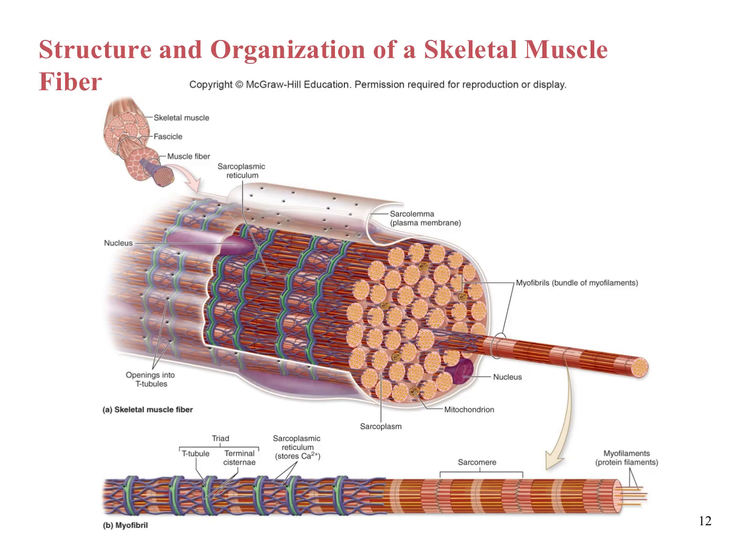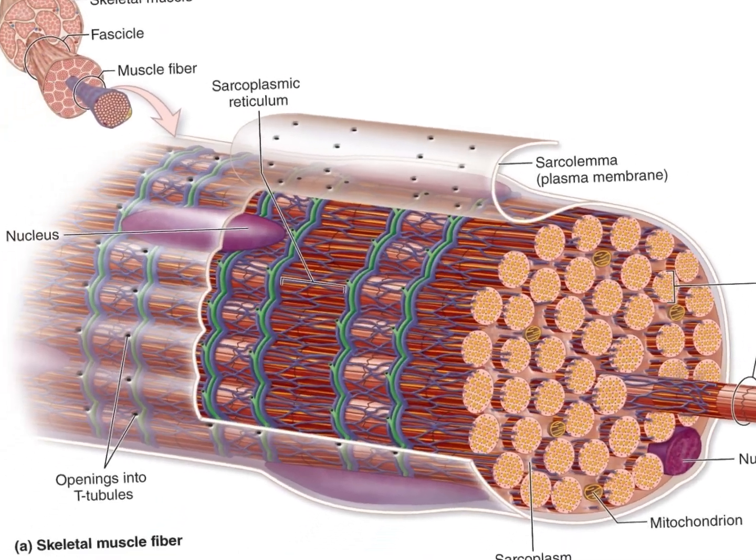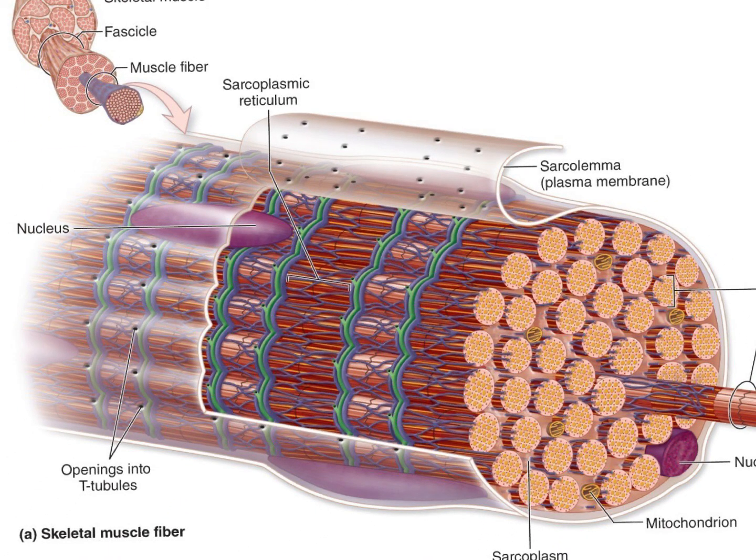Let's see what it looks like on the picture that was done much better than mine. Okay? So here is a myofiber with the sarcolemma pulled back. The endomysium would be on the outside of the sarcolemma. The sarcolemma has a number of little holes, these little holes right here. Those are the invaginations of the transverse tubules, the T-tubules, which you see here in green.